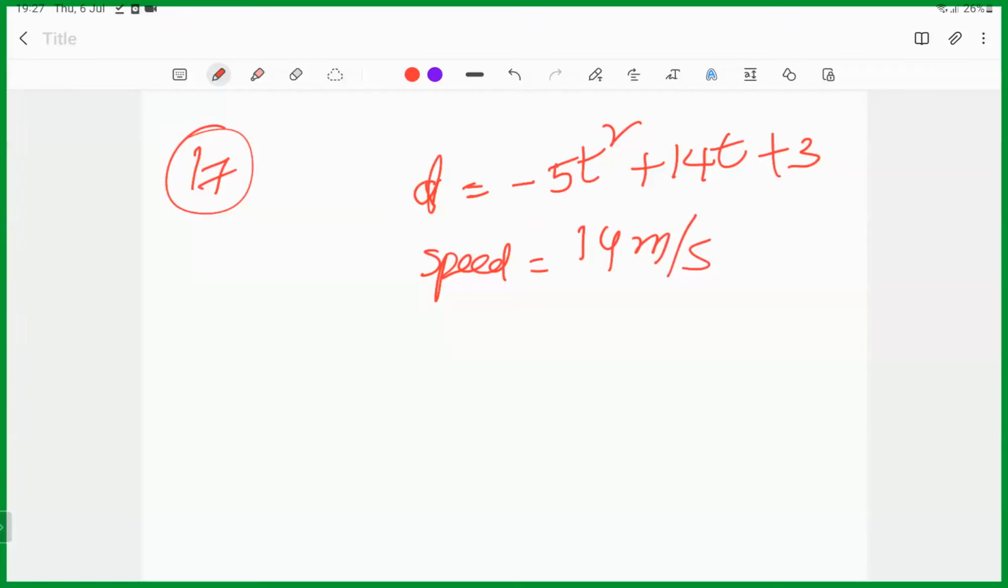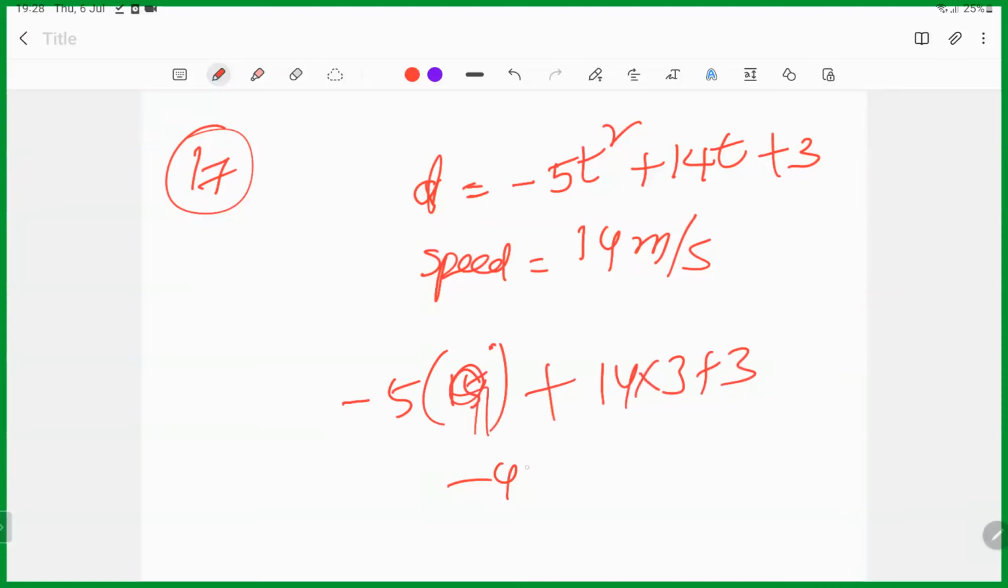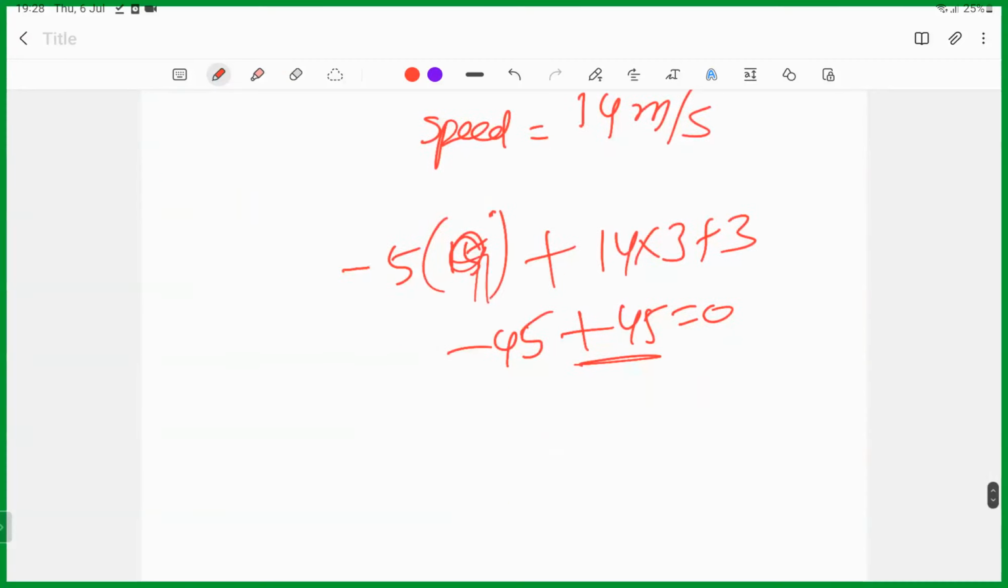Are you getting 0? Minus 5 into t is how much? 3 means 15, this 3 square is 9, right? Plus 14 into 3 plus 3: minus 45 plus 42 plus 3, so equal to 0, right? But you didn't calculate, no? Then you don't know, no?